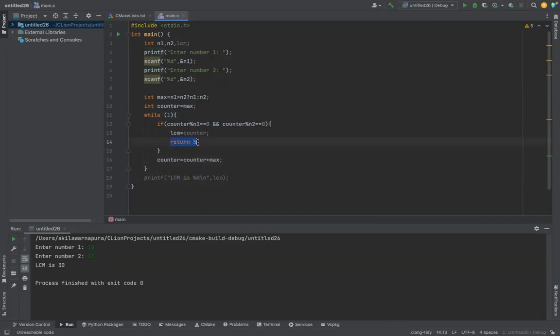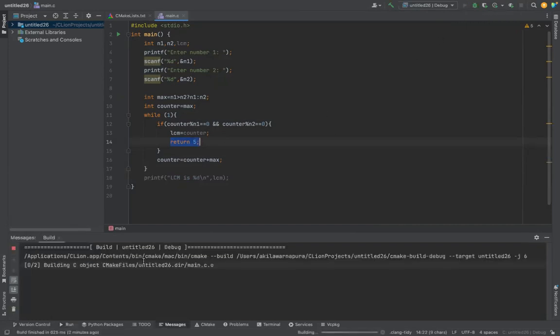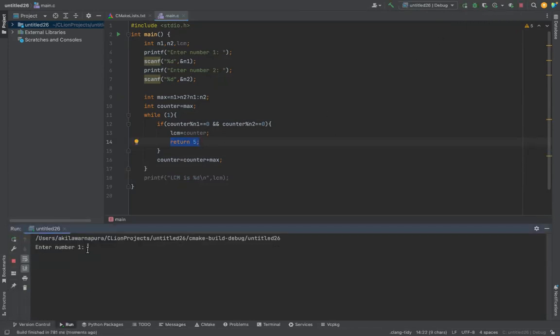Once this one is finished, it will automatically return. That means when we run this program, let's say 10 and 15, the answer won't be printed. Once it comes to the counter, 30 will be assigned and the function terminates. The main function terminates. Return means the entire function. And remember that not the program, the relevant function will be terminated.